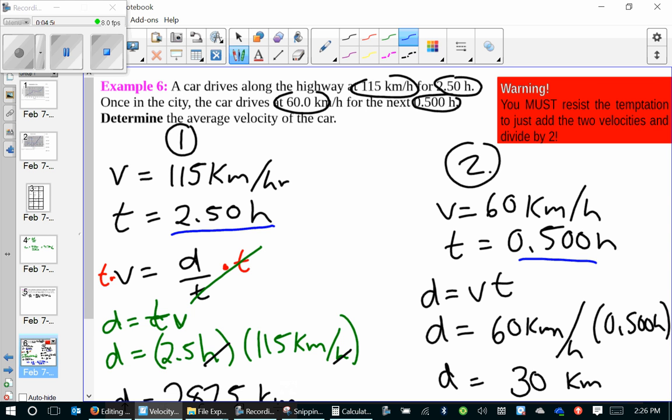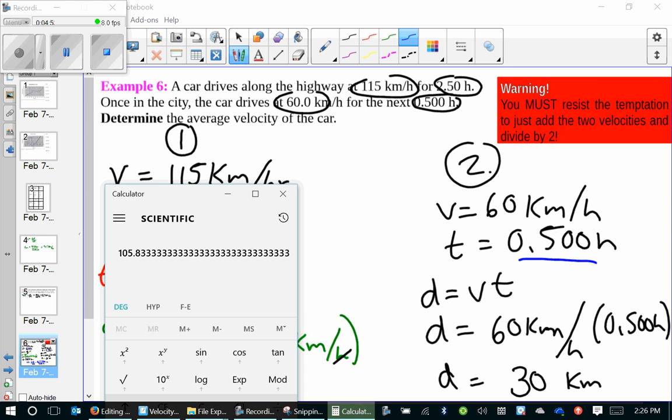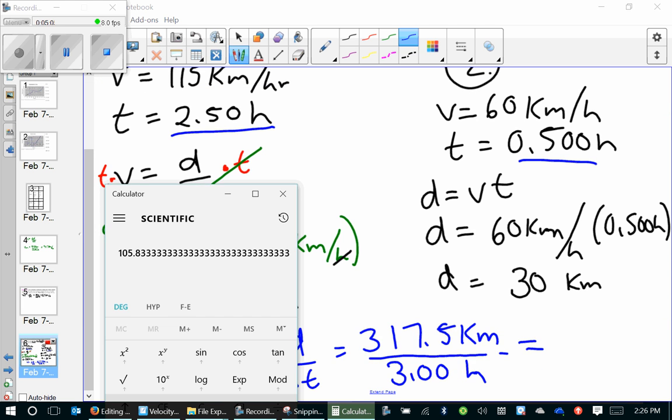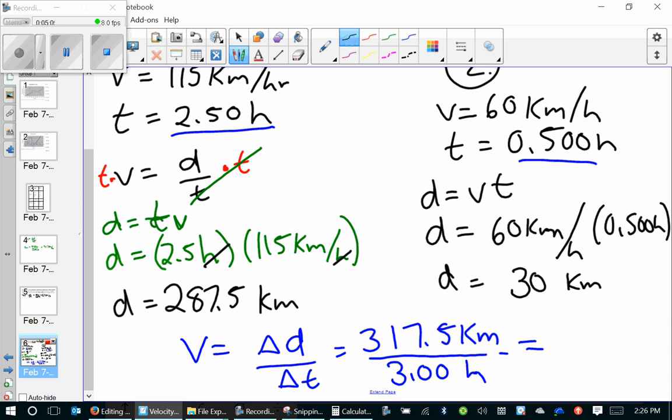Significant digits, it looks like I have 3 significant digits in all of my calculations. Because I have been dividing, I'm going to take the least number of significant digits, which is 3. So my final answer can have 3. So that would be 106 kilometers per hour.